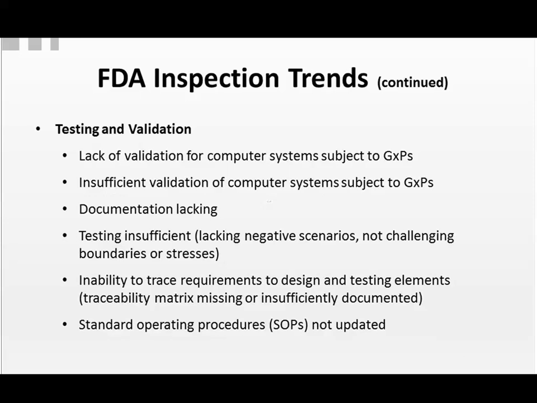Not all companies use requirements traceability. A requirements traceability matrix links your requirements to your design elements and testing elements. Every single requirement must be unique and testable, and there must be at least one test script, if not more, associated with every requirement.